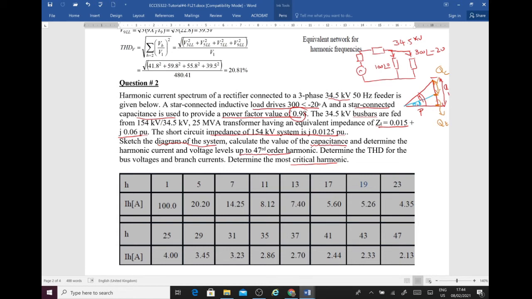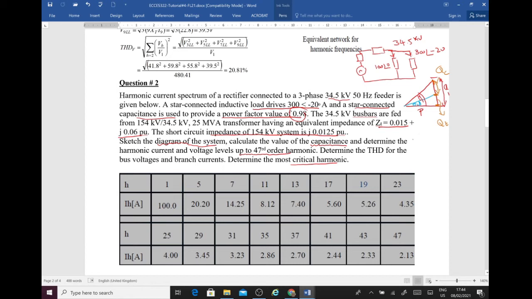In order to find theta 1, we need to find P and Q, and that will give us theta 1. And then if we subtract QT from Q1, that should give us QC.